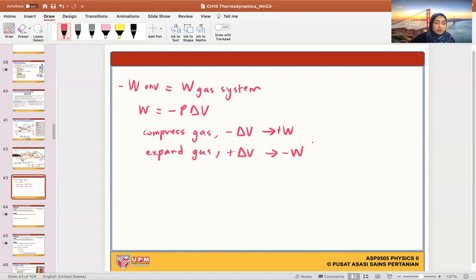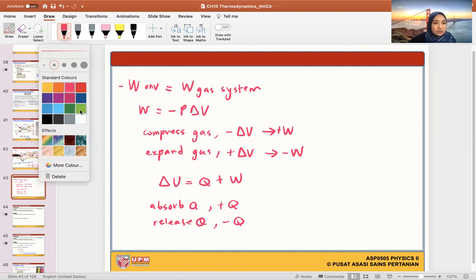And all this goes back to the first law of thermodynamics equation, which is delta U equals Q plus W. And then we also learned that absorbing Q means positive Q, and releasing Q means negative Q.